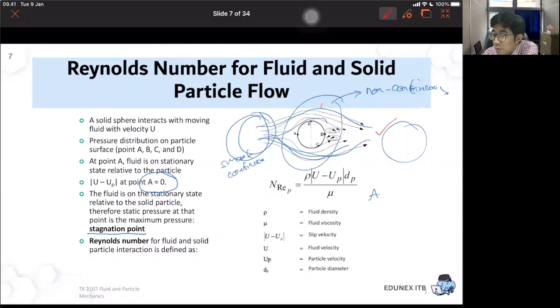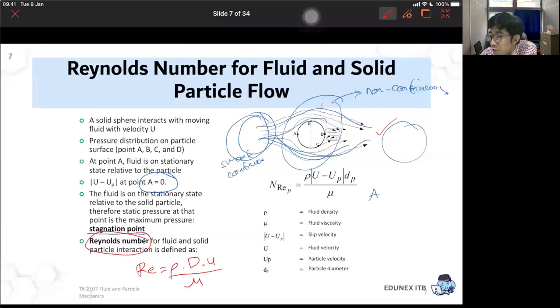In particle and fluid flow, you can calculate the Reynolds number as well. You still remember, right? The formula of Reynolds number is density times diameter times velocity divided by viscosity. But for the particle Reynolds number, the calculation is a bit different in terms of what kind of value you need to use.